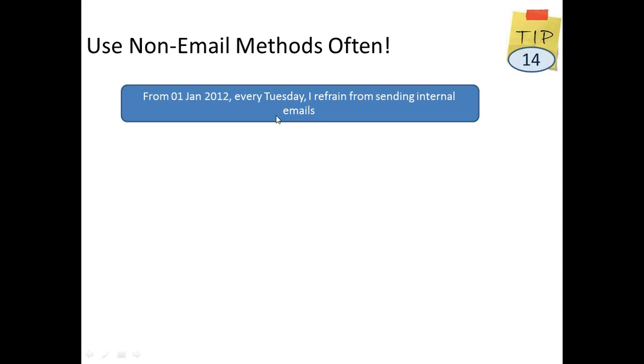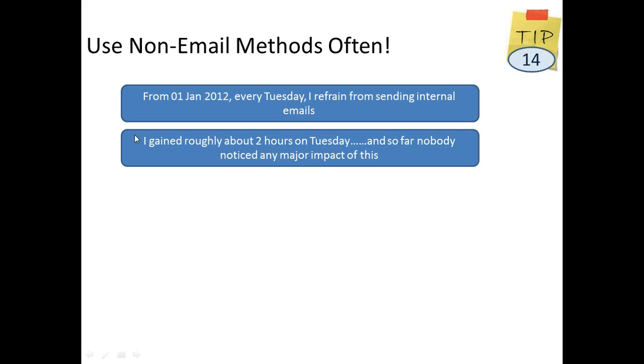From 1st January 2012, every Tuesday, I refrain from sending internal mails. I don't send mails to anybody within my organization. So in the process, I gained roughly 2 hours on Tuesday. And so far, nobody noticed any major impact of this.